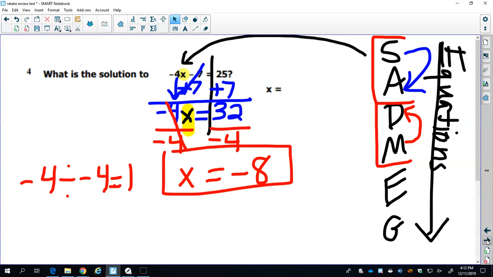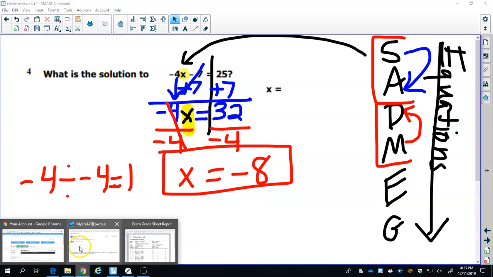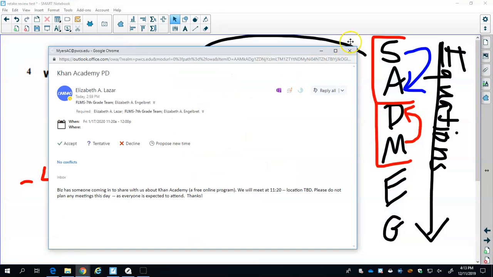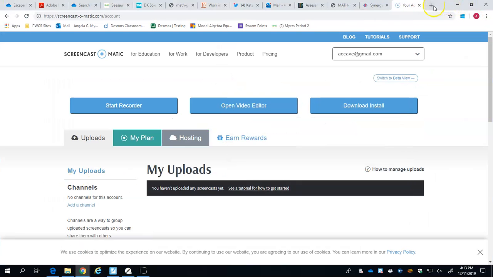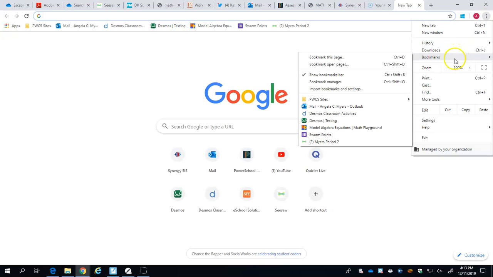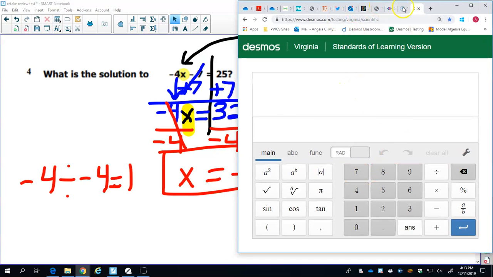And you can put that in your Desmos calculator to figure that out. Make sure you're using your calculators. And we can show that. We can pull up our calculator here. So we go into our Desmos calculator. Pretty sure we got it bookmarked. There it is. Can make that a little smaller over here.